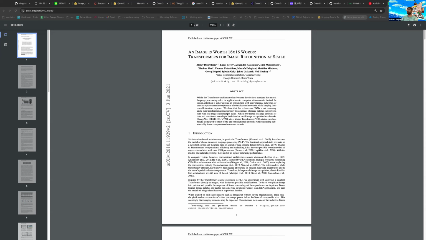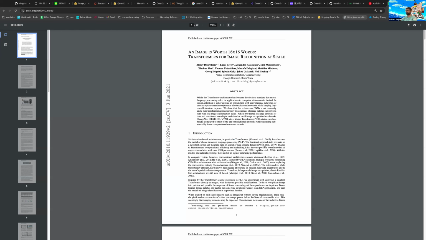Like I said, this is inspired by the Transformers paper, which came in 2017, and it completely changed the language landscape, the NLP landscape. So this is also based on it.